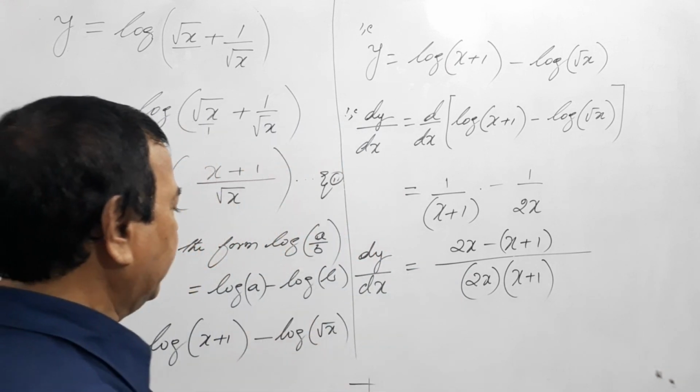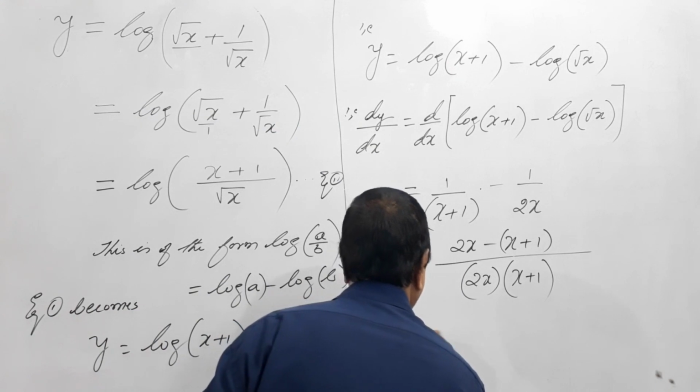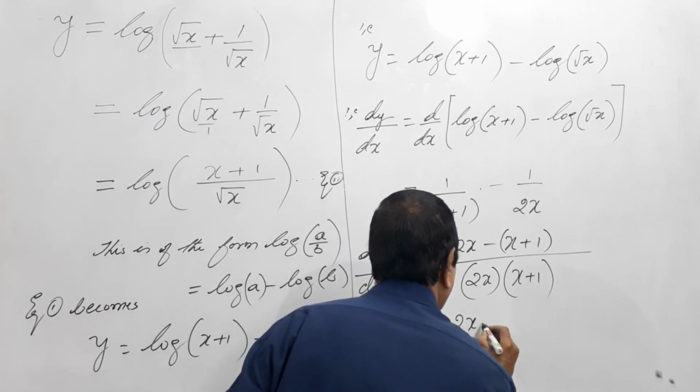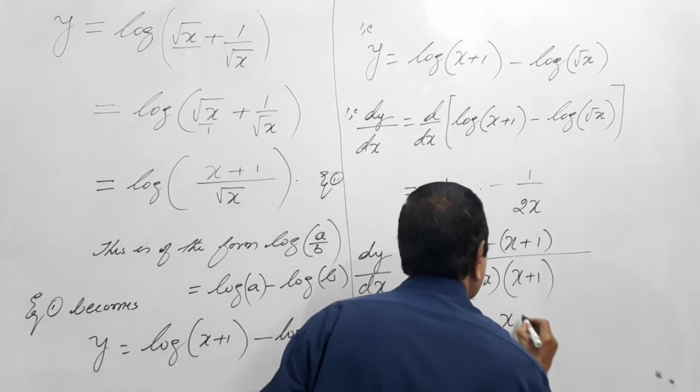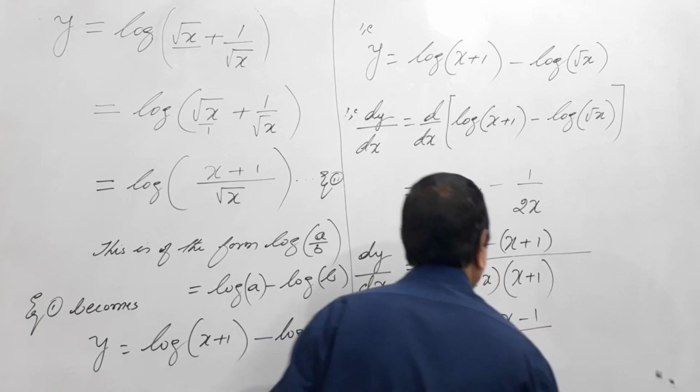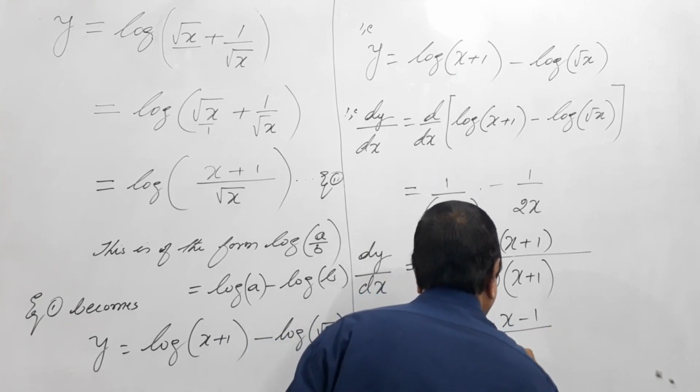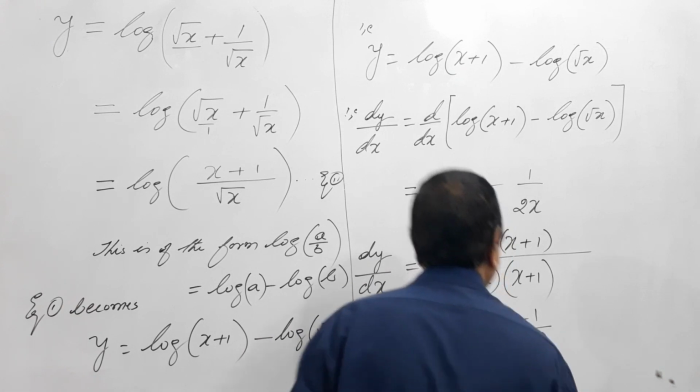So we'll remove the bracket and solve this. This is equal to 2x minus x minus 1 by 2x into x plus 1.